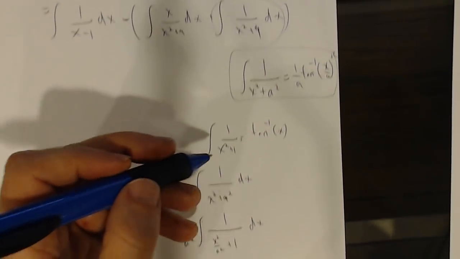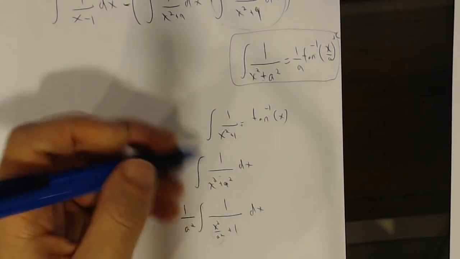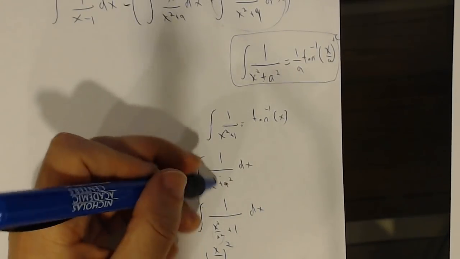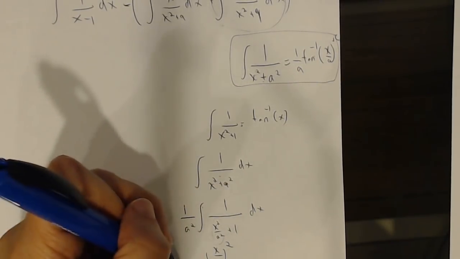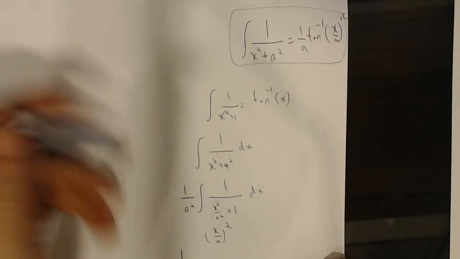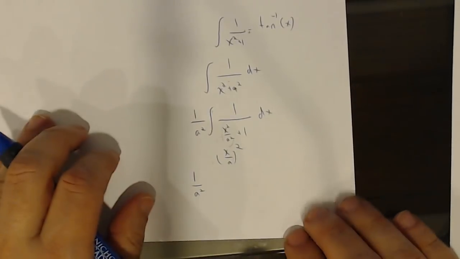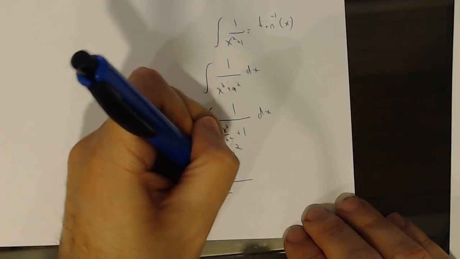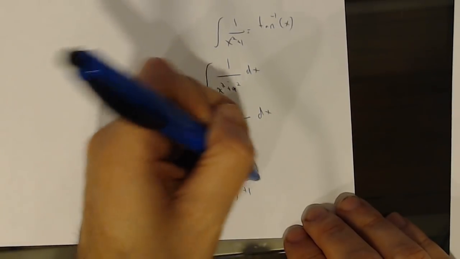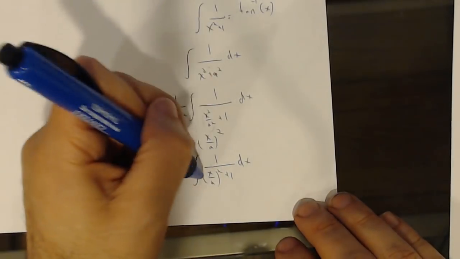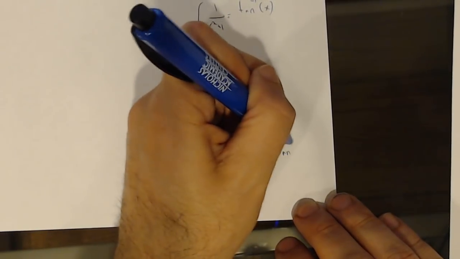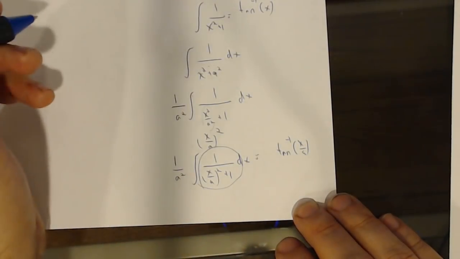And what do we notice here? x squared over a squared is the same thing as x over a, squared. So this will be 1 over a squared, actually, I'm running out of space, times the integral of 1 over x over a squared plus 1 dx. The antiderivative of this would be tangent inverse of x over a.